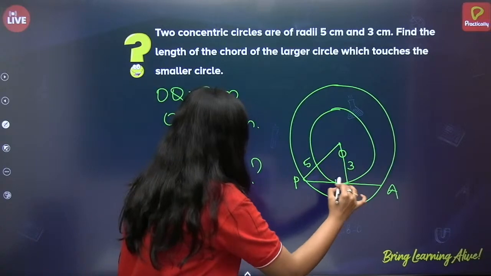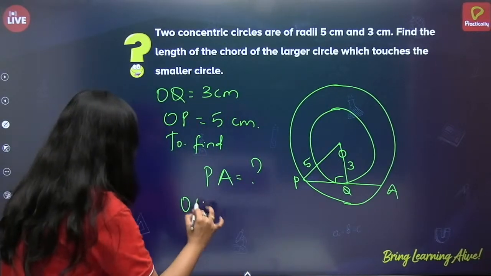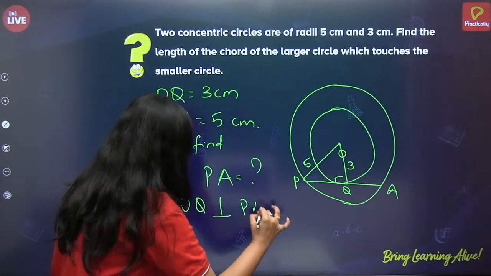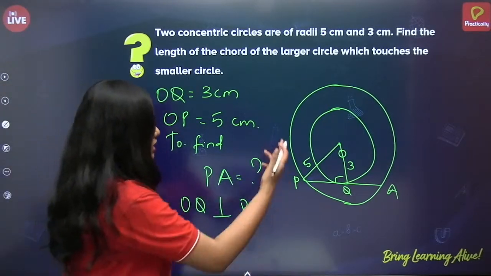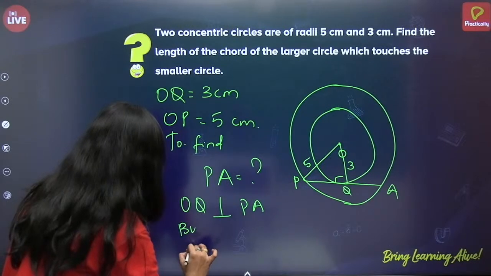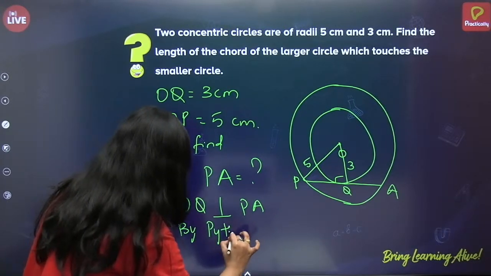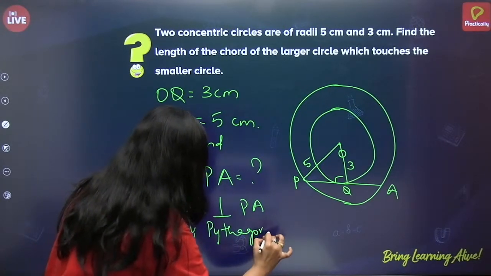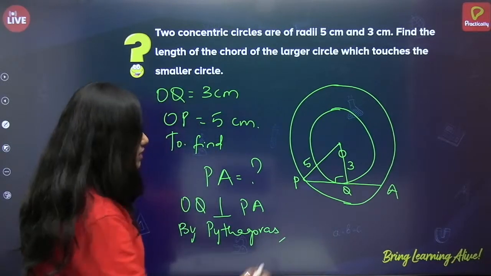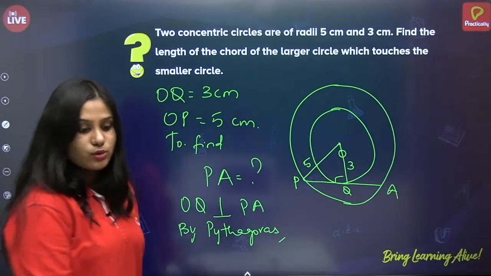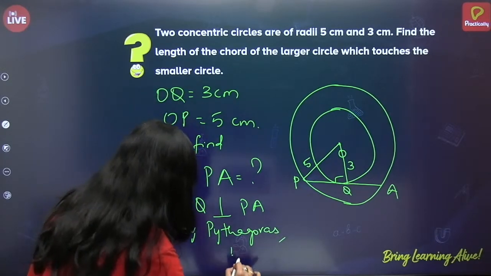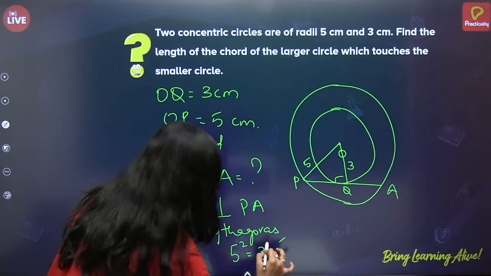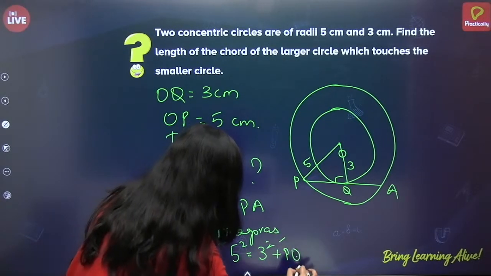Now we know that OQ is perpendicular to PA. Why? Radius is perpendicular to tangent, right? Now by Pythagoras theorem, OP square is equal to OQ square plus QP square. So 5 square is equal to 3 square plus PQ square.